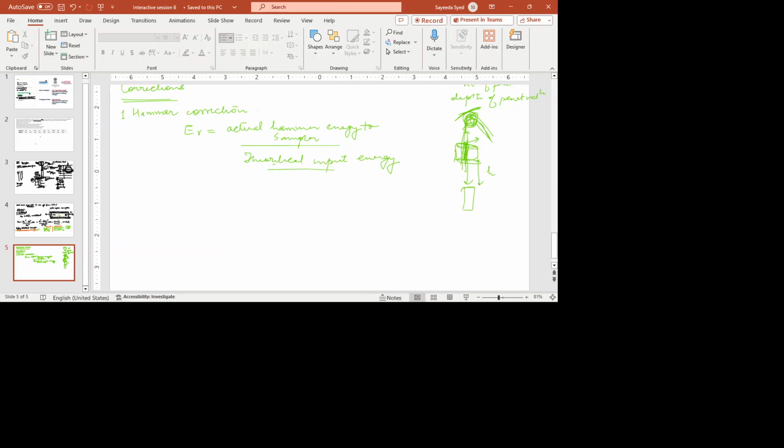So usually this is about 60 to in field it can vary from 30 to 90%, but the standard practice is to take 60%.